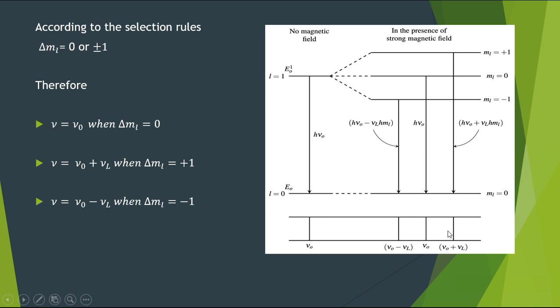That is, the separation between these component lines will increase. Similarly, if we decrease the strength of the magnetic field, this separation between these sub-energy levels will decrease, which decreases the transitional energies and in turn decreases the separation between the component lines.